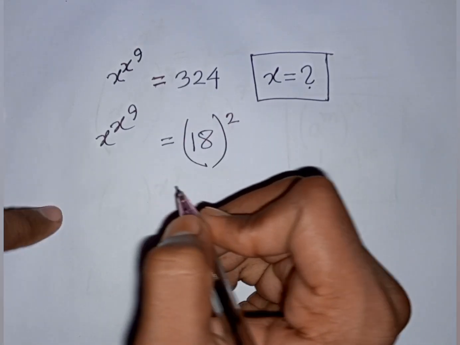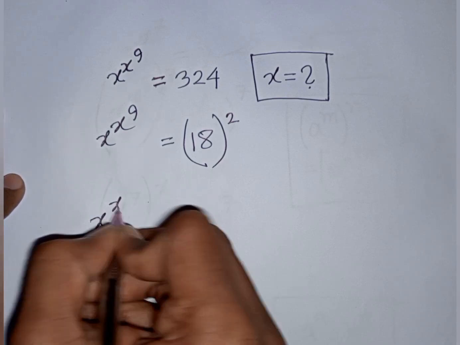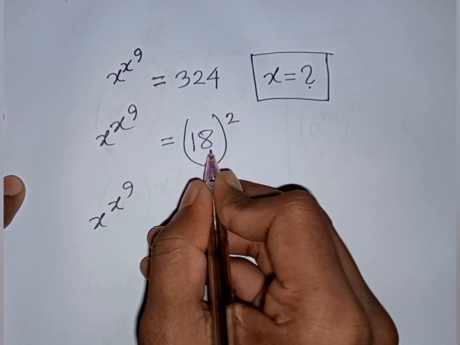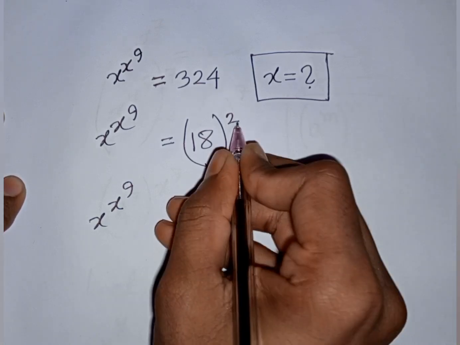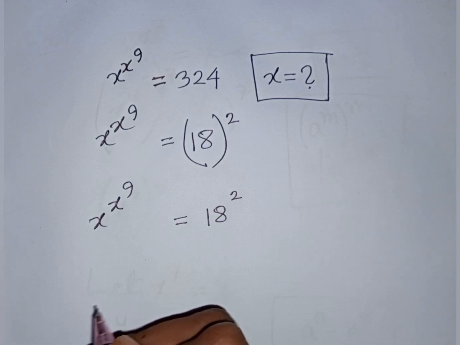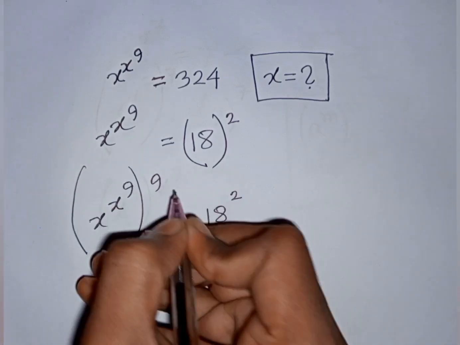Now we have x power 9 is equal to 18 square. Now we multiply by power of 9 on both sides.